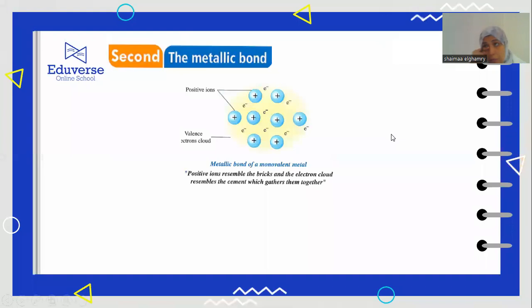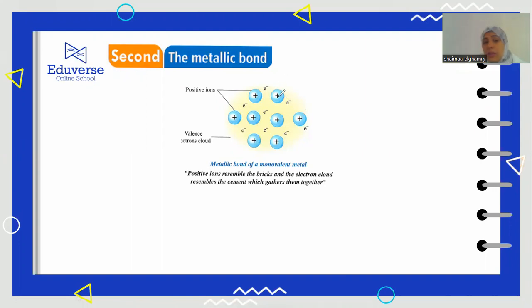Finally, the metallic bond is a bond between the free valence electrons, or free electrons, of the outermost energy level of the metals. As we know, all metals have 1 or 2 or 3 electrons in the outermost energy level. These electrons are free, surrounding the atoms or the nucleus of the metal.